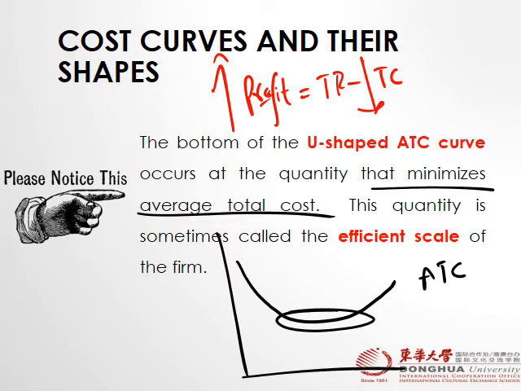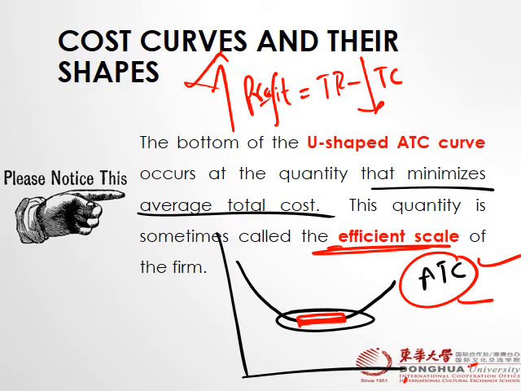If we are able to minimize our total cost, or maintain our cost at the bottom of the U-shaped average total cost curve, then we would be very efficient in increasing our profit. That's why we call this point efficient scale, right? At this bottom our average total cost is minimum, and that point is called efficient scale.